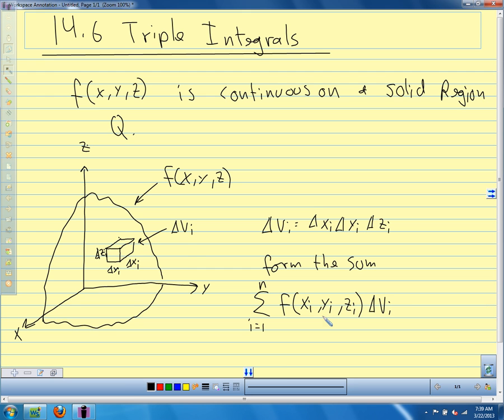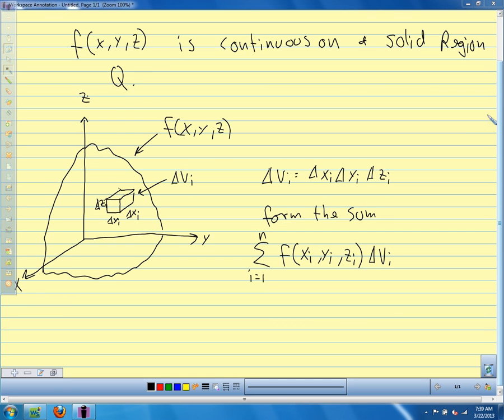So we have a density defined at a point in space, and we're going to sum the density times the volume to get the mass of the region, for example. And then we're going to take the limit as delta v sub i approaches 0, just like we did with double integrals with our delta A approaching 0. Same idea that we're taking the limit as the smallest diagonal approaches 0.